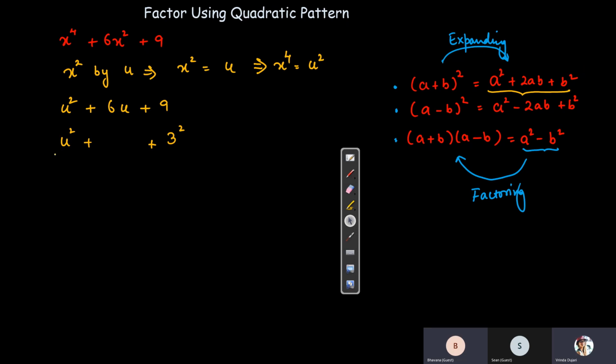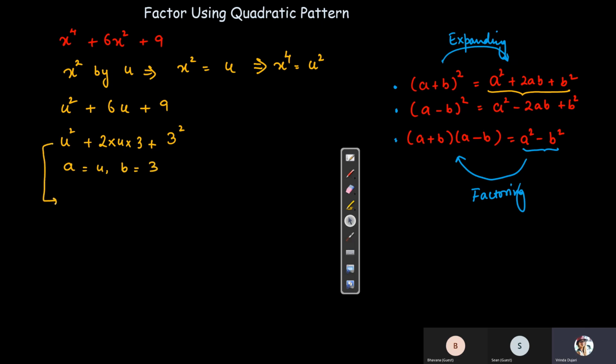In place of a we have u, and in place of b we have 3. So then 2 times 3 is 6 times u is 6u. Yes, so we'll write 2 times a. In place of a I will write u, and in place of b I will write 3, because we just found out that a is u and b is 3.